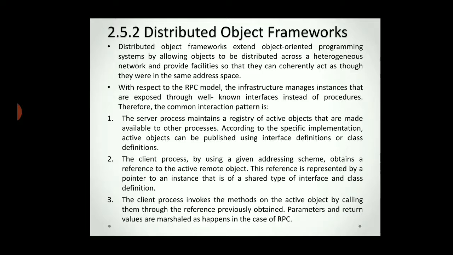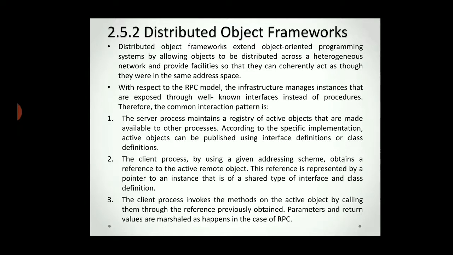With respect to the RPC model, the infrastructure manages instances that are exposed through well-known interfaces instead of procedures. Therefore, the common interaction pattern is as follows. First, the server process maintains a registry of active objects that are made available to other processes according to the specific implementation. Active objects can be published using interface definition or class definitions.